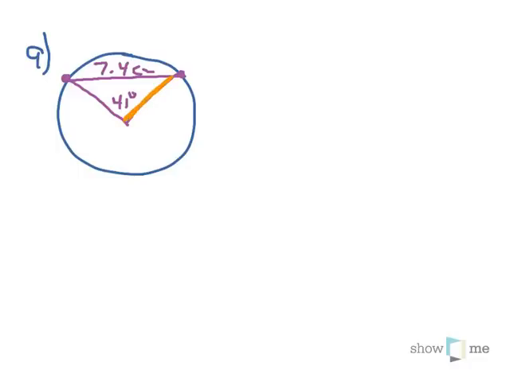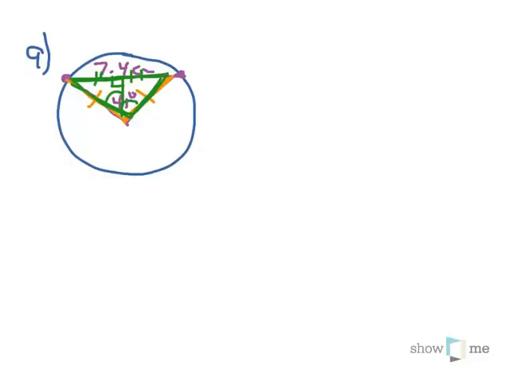This problem is the same as other problems that we've done. It just looks different. Since these are both radii, these are both the same length, which means this triangle that you see here is an isosceles triangle. So if we were to draw an altitude through here, it would do three things. It would make a 90-degree angle, would cut this side in half, and would cut this angle in half.